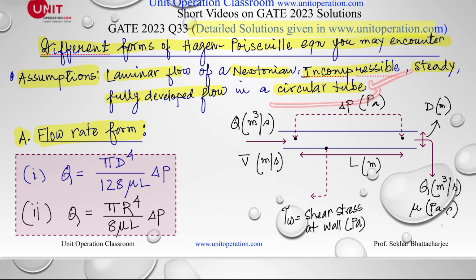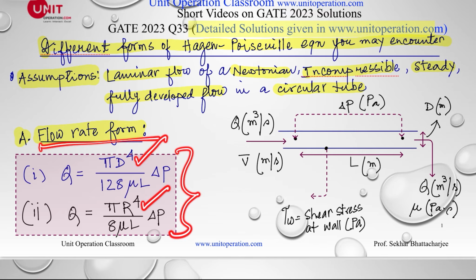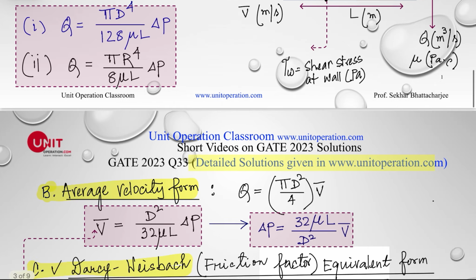These are all important preconditions for Hagen-Poiseuille's equation. So this is the flow rate form, which is very standard. This is in terms of diameter. This is in terms of the radius, which you have just seen above. So this is a very standard equation.